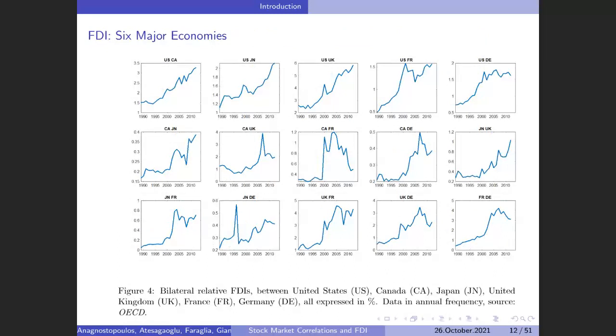FDI is a little bit more blurry, and the reason for that is that countries sometimes have a bilateral relationship, like the US versus Canada, that already has significant levels of FDI. So the level of increase there will be a little bit more limited maybe. But long story short, the timing and the reaction can be a little bit weak, but we still observe that FDI levels between each pair of countries increased in the mid-1990s.